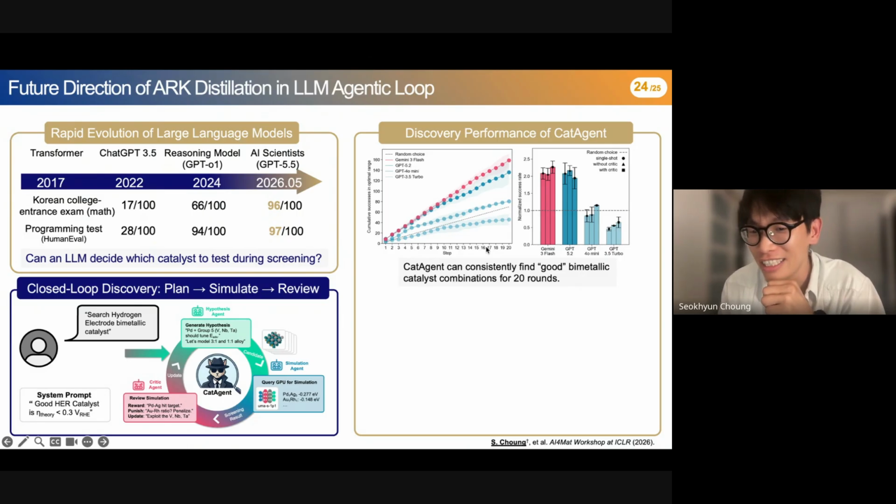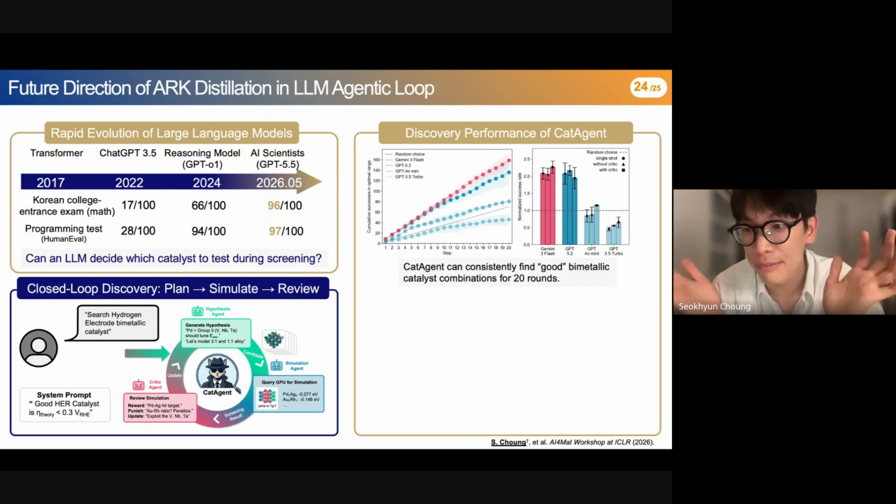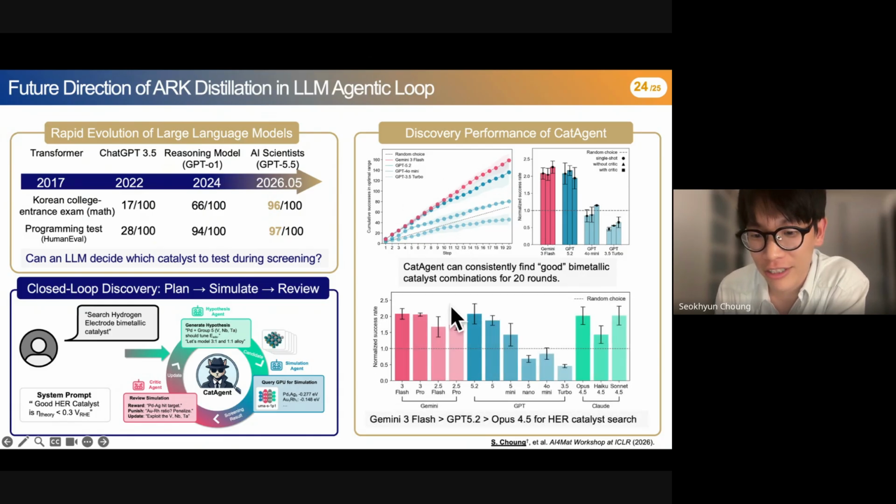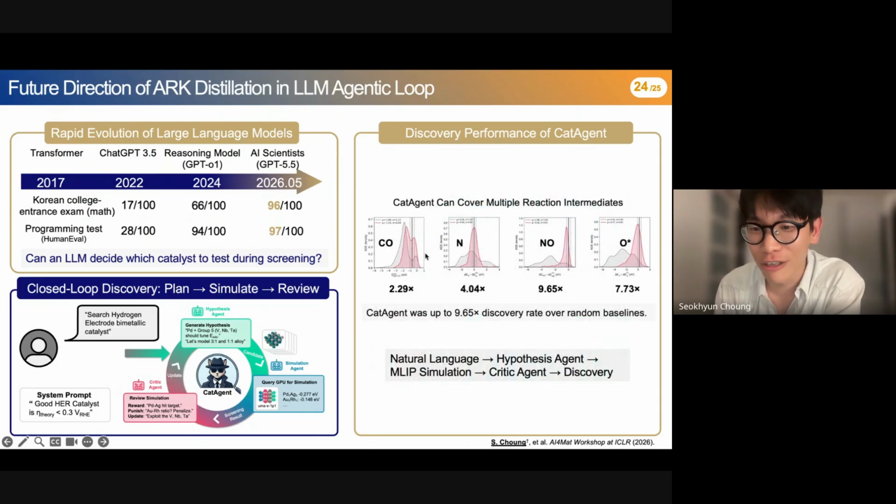We found this CatAgent is finding good catalysts, and we tested it with the ARC model, the distilled model, and now it can be 11 times faster with this CatAgent looping. Compared to the random baseline, it is twice as good for the hydrogen evolution reaction. And compared with Gemini, GPT, and Claude, we find the state-of-the-art models are clearly twice as good as just random search. It could also apply to other adsorbates as well. So we can expand to other reactions with the distilled model plus a large language model together.